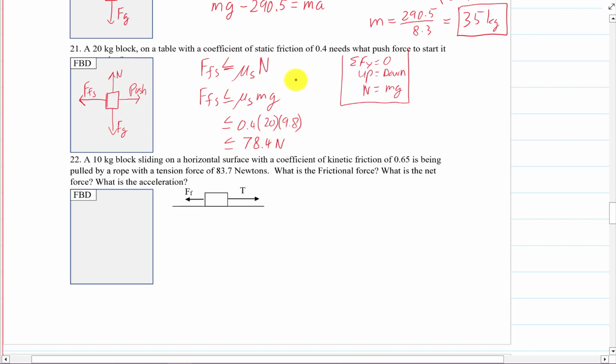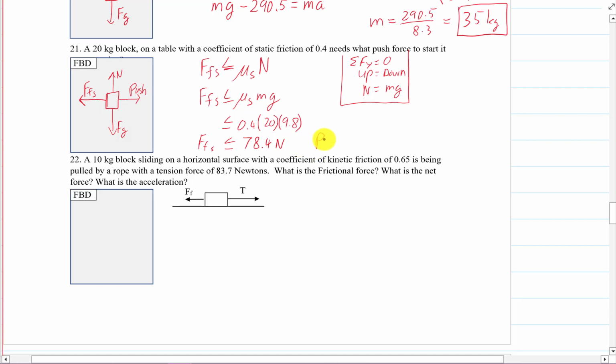So the maximum the force of friction can be is 78.4. If I push even a tiny bit more than that, a butterfly lands on it with a little bit of forward momentum, it's going to start moving.